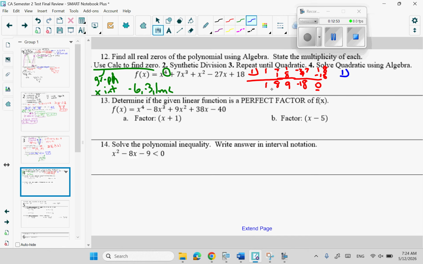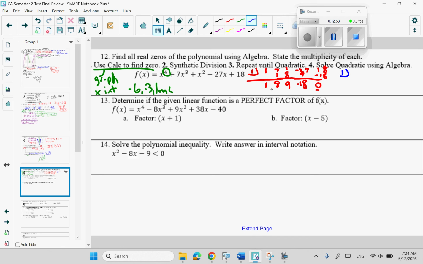I'm going to plug each of those numbers into this inequality. So -5 squared minus 8 times -5 minus 9. Is that less than 0? Well, if I were to plug that whole thing in, it is not less than 0. You end up with something higher than 0, so that's a false statement.